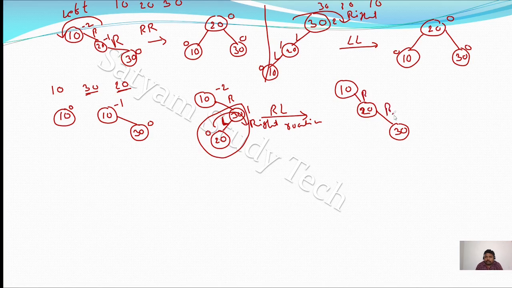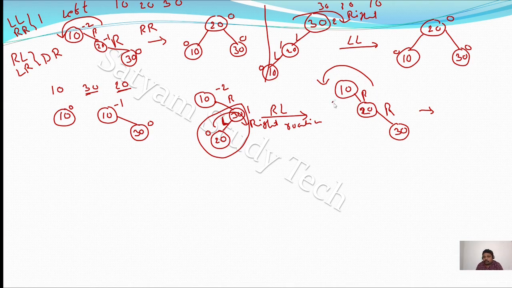Still it is not balanced, so you have to perform the left rotation. RL or LR needs double rotations. LL and RR are single rotations.